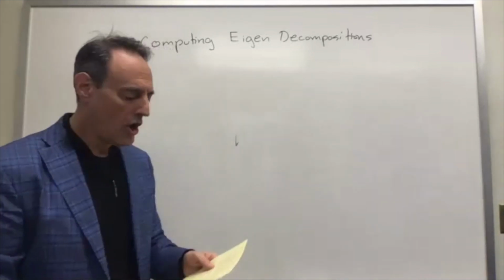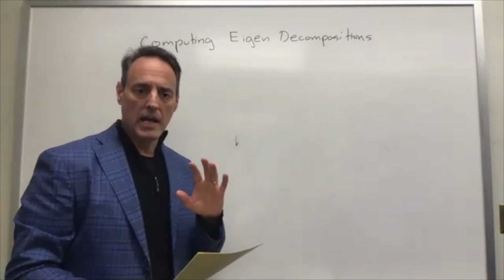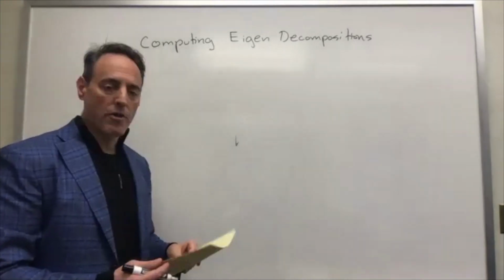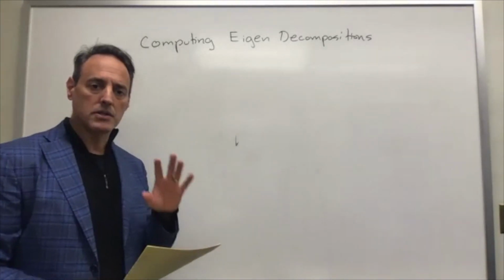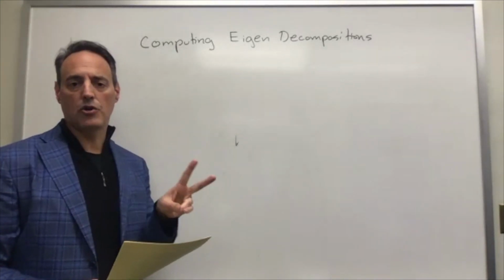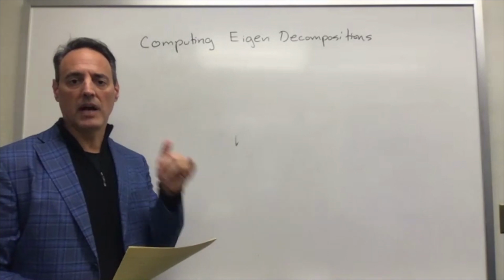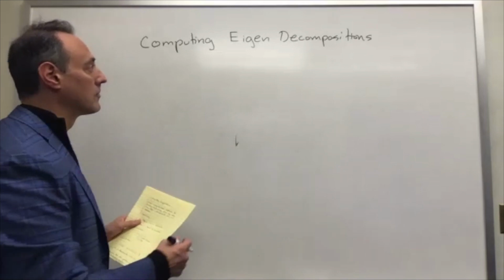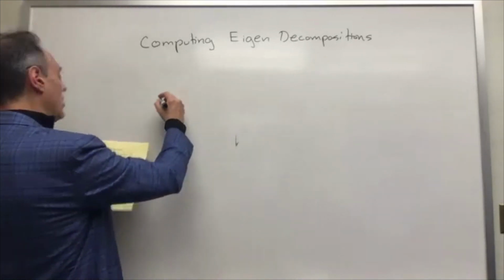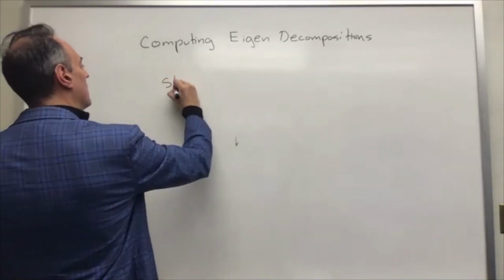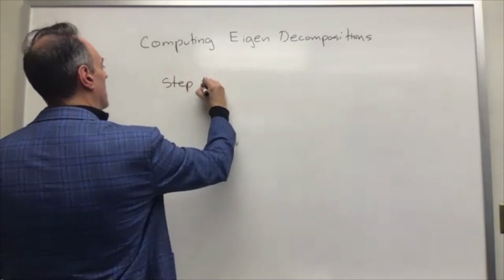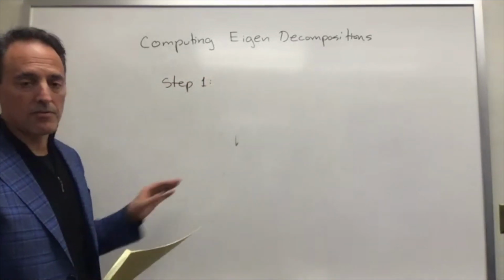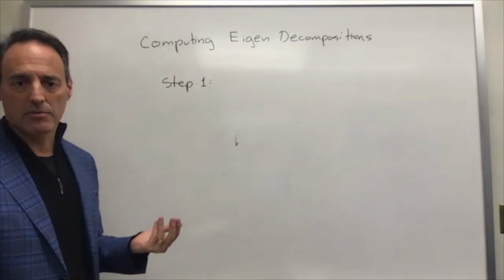And it turns out when you start to do computing algorithms, for the most part there are two steps that occur for computing the eigenvalues and eigenvectors of a matrix. Normally, the first step of any of these algorithms is to do some kind of factorization.